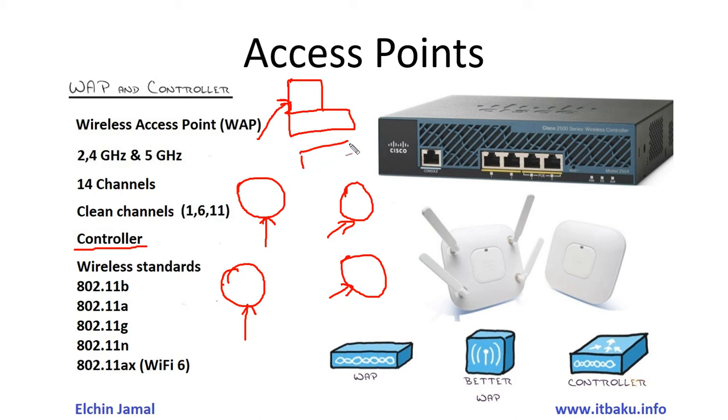We have a switch here. Connect this access point to the switch, and this computer is also connected to the switch. We connect them, provision them, and all information from this software-based controller is synchronized and replicated to these devices, and these devices get all information from the controller. Everything, that's all.